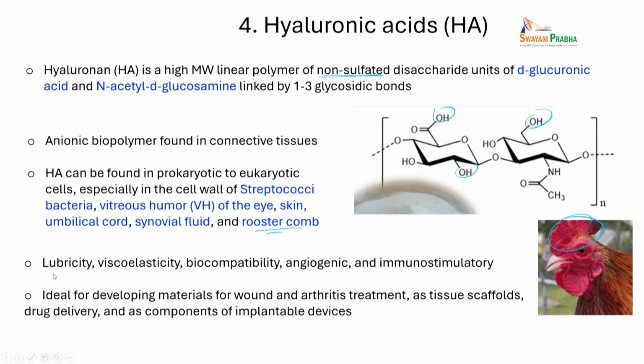It is well known for its lubricity, viscoelasticity, and biocompatibility, as well as immunostimulatory responses. So it is highly useful in biomedical applications. It's also used for wound healing, arthritic treatment, tissue scaffolds, drug delivery, and also in implantable devices. All these things I've covered are predominantly used in the biomedical field.